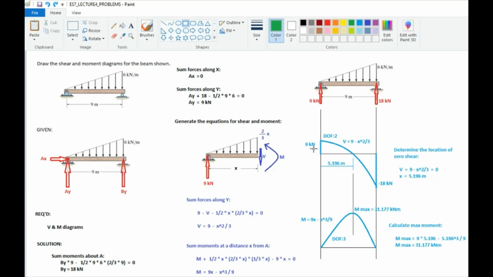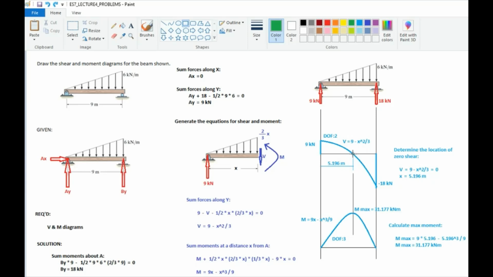So from 9 we subtract 1/2 times 9 times 6. Okay, so you'll get negative 18. And then from here, you have an 18 kN upward reaction. So our shear diagram goes back to zero. Okay, so this is our shear diagram. You have a degree of freedom of 2. And then the equation for shear is 9 minus x squared over 3.